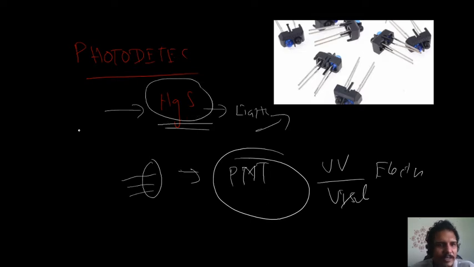So these are the different kinds of detectors. We have seen what the sources are. In sources, we saw Nernst glower, globar, nichrome wire, carbon dioxide laser. Then we have seen sample handling.